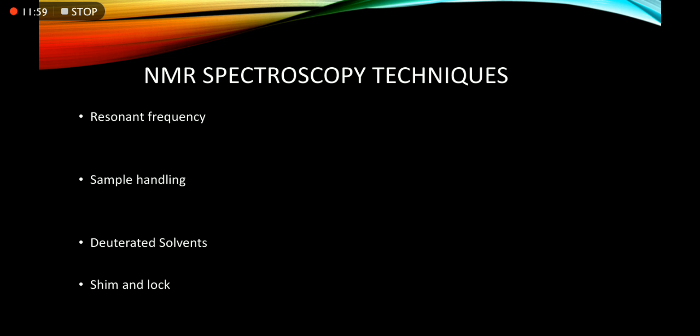The next important technique is about the sample handling. An NMR spectrometer typically consists of a spinning sample holder inside a very strong magnet, a radio frequency emitter, and a receiver with a probe. Spinning the sample is usually necessary to average out the diffusional motion.